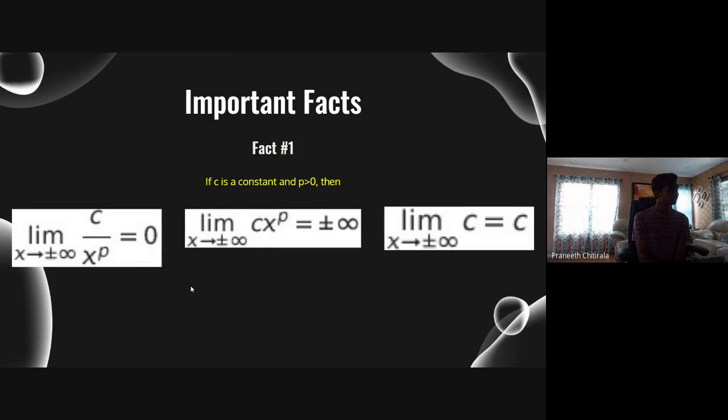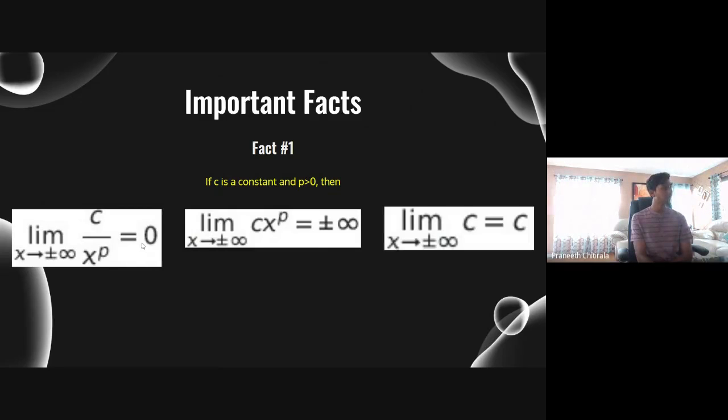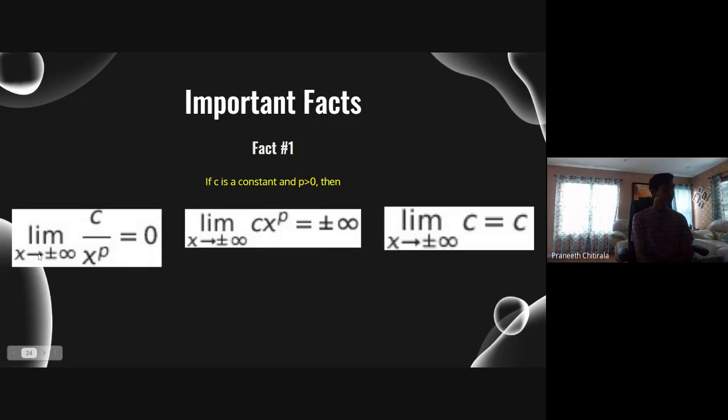So the first limit: if c is a constant and p is greater than 0, and this is important, then the limit as x approaches plus or minus infinity of c over x to the p power is equal to 0.